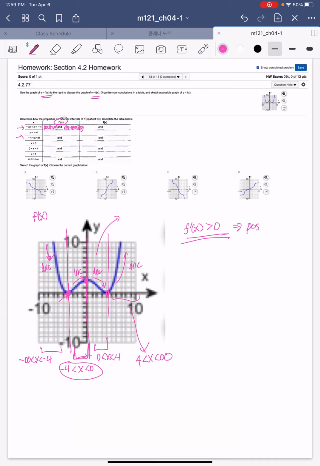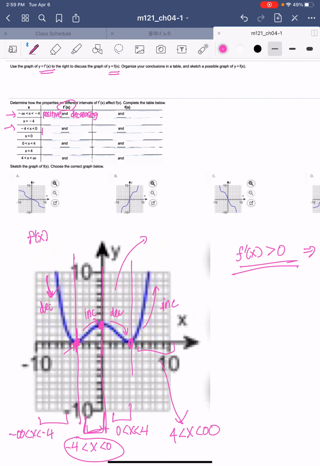This means all positive. So they all begin positive. And then this time, we have increasing. Let's look at this region, 0 to 4. Positive again, always positive, and then decreasing. And lastly, we have this one, positive and increasing.